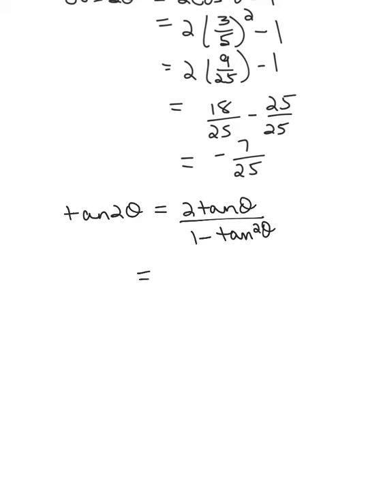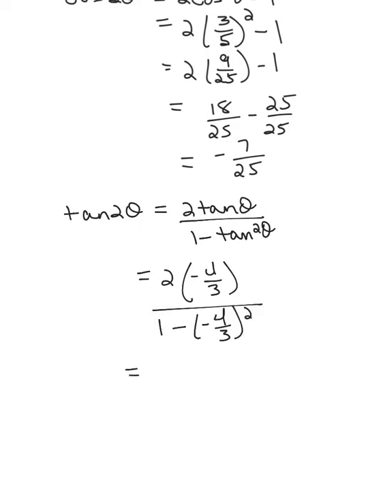So our numerator will be 2 times the tangent of our theta, which is -4/3, over 1 minus -4/3 that we are squaring. So our numerator becomes -8/3. On our denominator, we will have 1 minus 16/9.